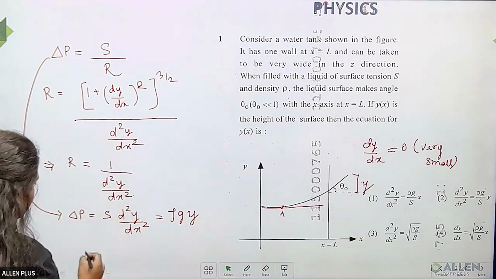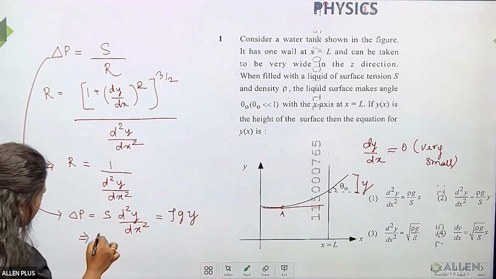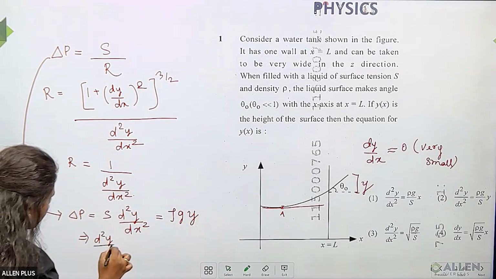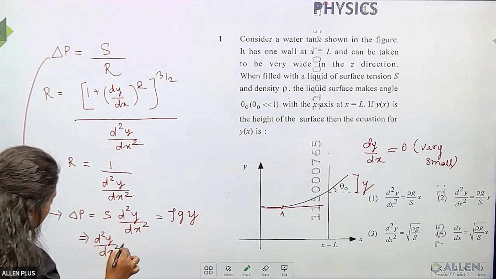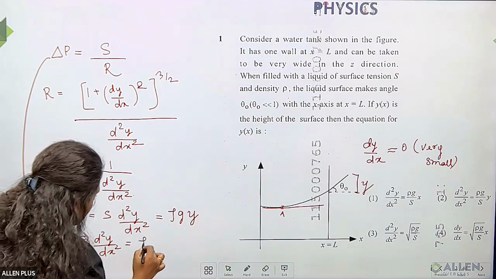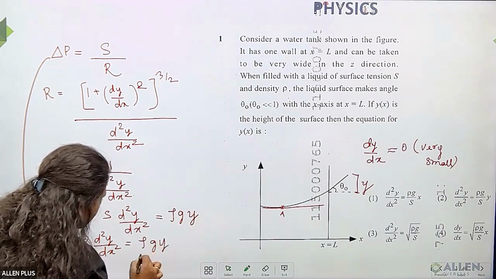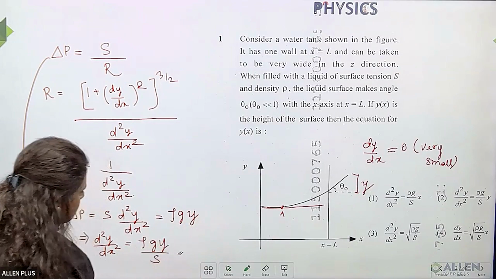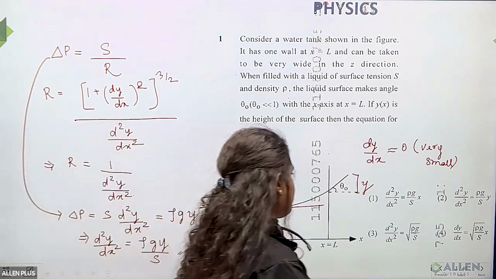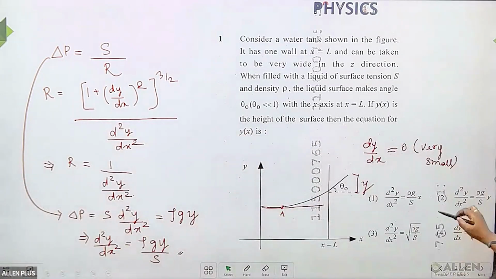From here, it can also be written as d square y by dx square equal to rho g y divided by S. So in the options, we have it as the second option.